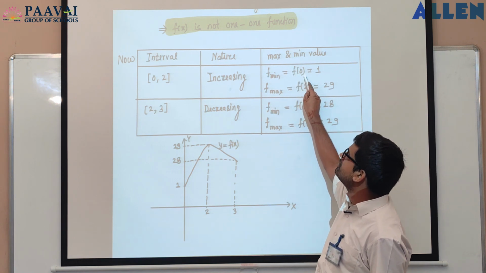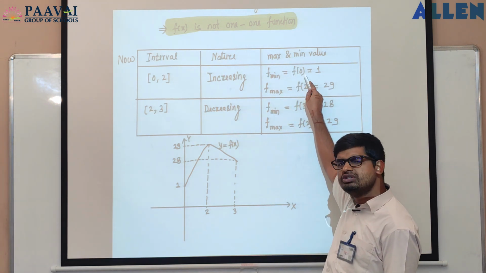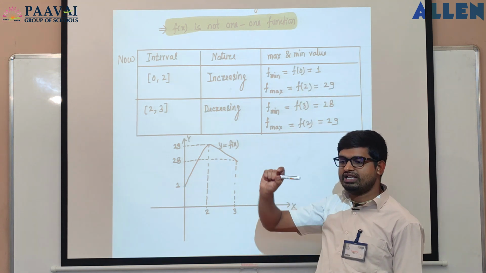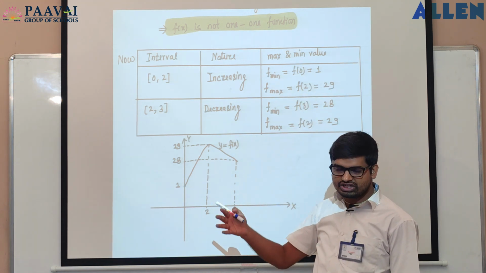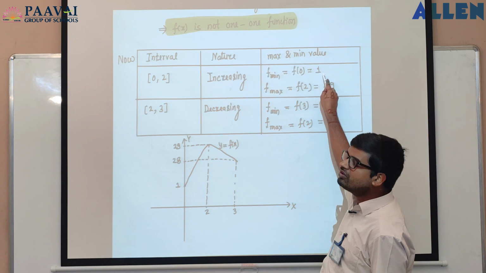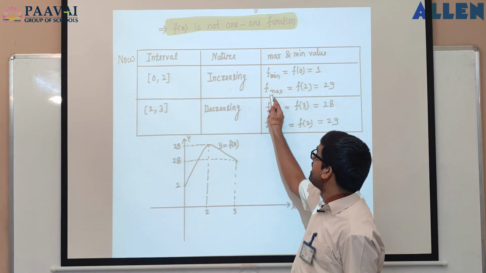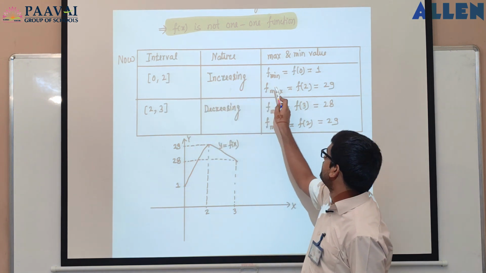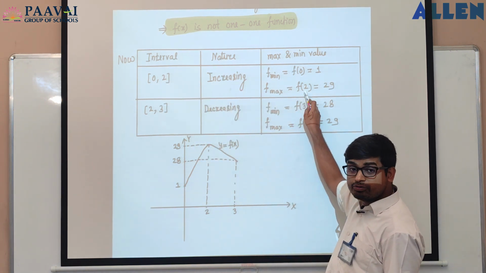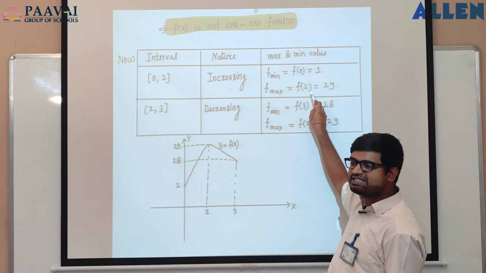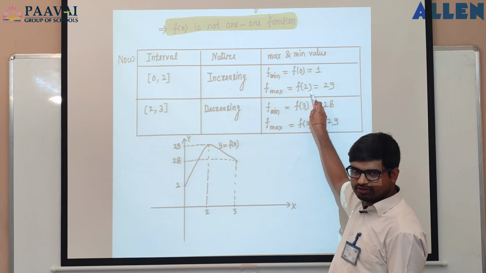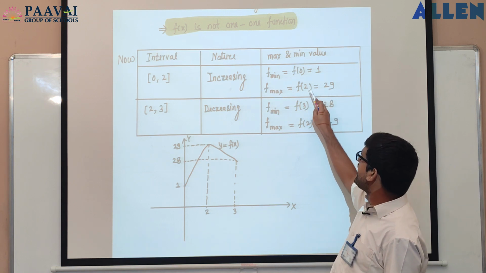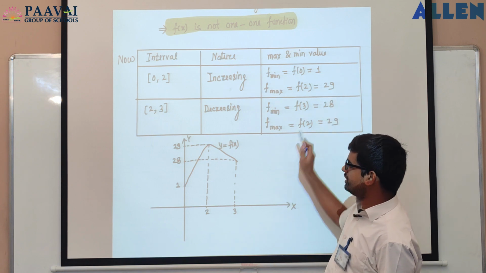To get f(0), substitute x = 0 in the definition of the function, and we get f(0) = 1. The maximum value would come at the end point, that is 2. So the maximum would be f(2), and if you substitute x = 2 in f(x), we get f(2) = 29.